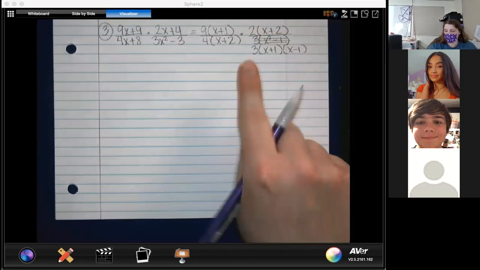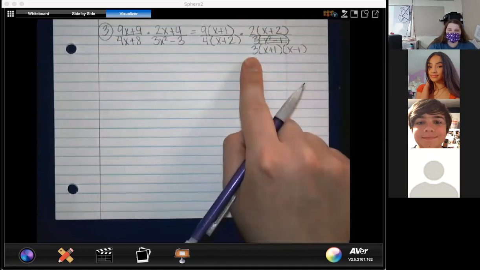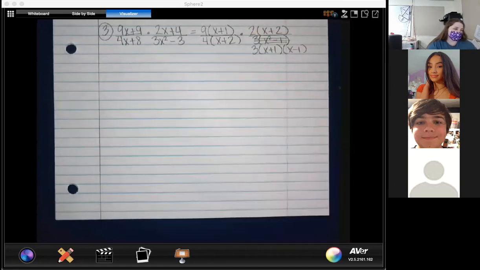Right, but don't forget about the 3. The 3 is still there, okay? Now that everything is factored as much as humanly possible, now I can go through the process of starting to simplify. So go ahead and simplify as much as humanly possible to see what your final answer should be. Okay, again, you got to factor everything down as far as it can be.